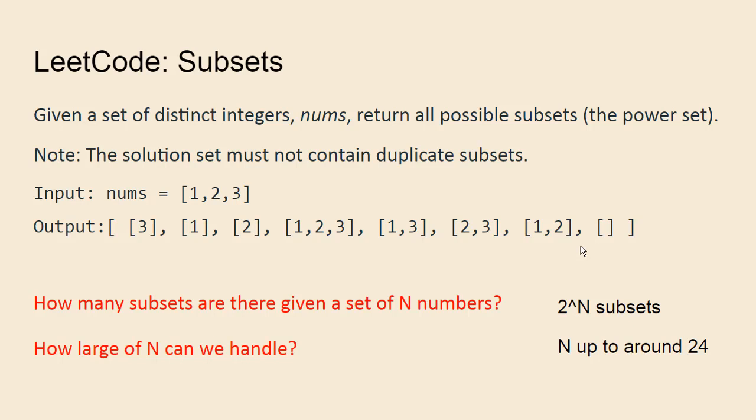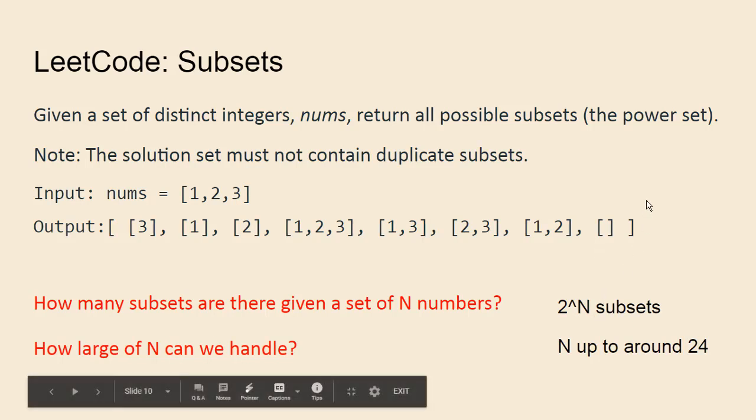and you should know the proof for that fact. One easy way to prove it is, for every element there are 2 choices. You either include it or you don't include it. Since you have n elements, you have 2 to the n choices. This also means that if we need to enumerate through all subsets, n cannot be too large.